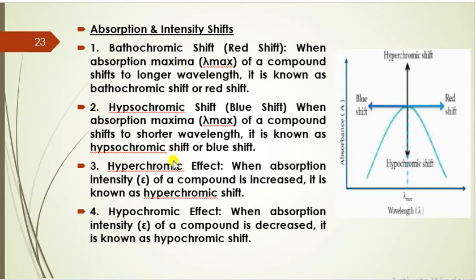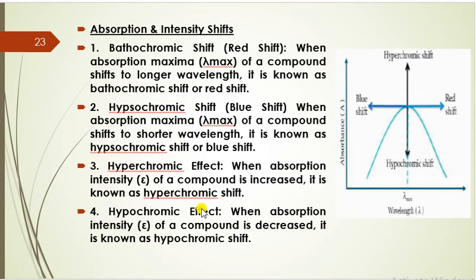Now coming to two other types of shift, hyperchromic shift and hypochromic shift. In both these types of shift, the lambda max will not change. The lambda max will remain constant, but the intensity of the absorption of the radiation will change.